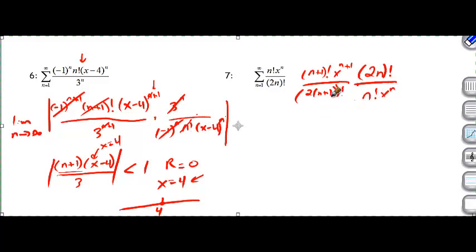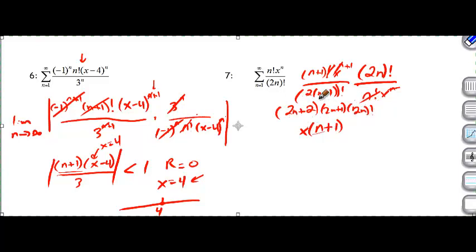All right, let's do the easy parts first. The x to the n's, all you're left with is an x on the top. The (n plus 1) factorial and the n factorial, the factorials basically cancel out. You get the n plus 1. All right, so we've got that up there. And now, here we've got to be a little more careful. This is (2n plus 2) times (2n plus 1) times (2n) factorial.